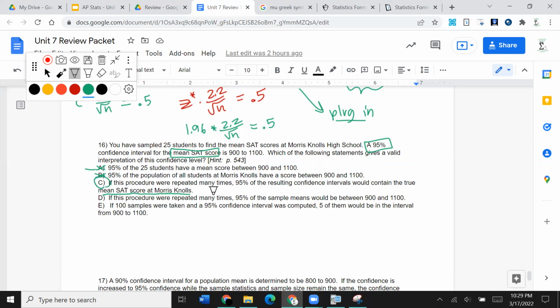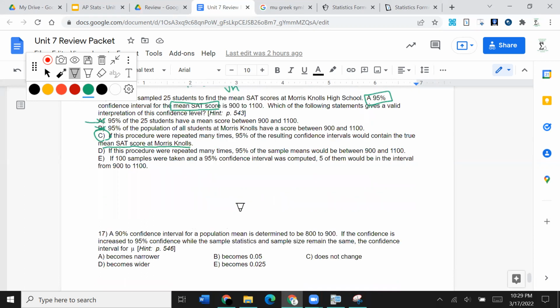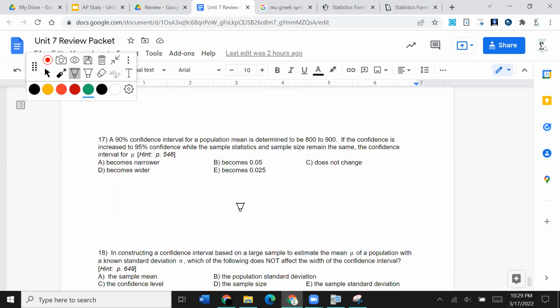Number 17. A 90% confidence interval for a population mean is determined to be 800 to 900. If the confidence is increased to 95%, while the sample statistics and sample size remain the same, the confidence interval for mu becomes, well, higher confidence.